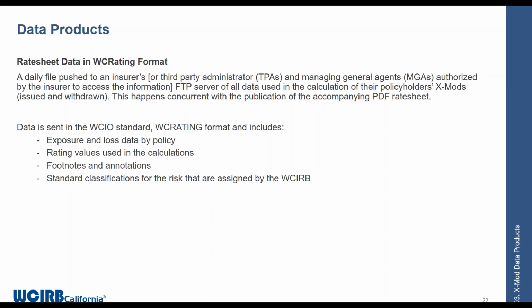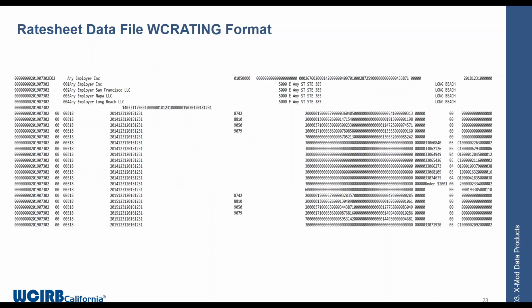So we're talking all of the payroll values, all the class codes by policy year, all the claims data, all the rating values, the D ratios, the primary values, the rating calculations, the footnotes, the annotations, as well as the standard classifications that were assigned by the Bureau.